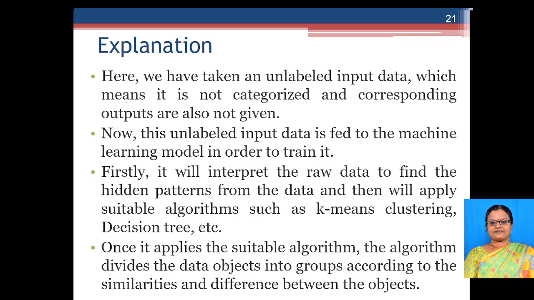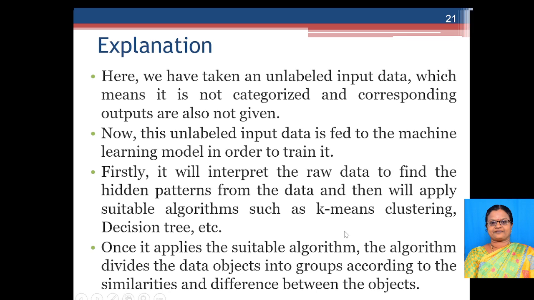So we have unlabeled input data, which means it is not categorized, and corresponding outputs are also not given. Now this unlabeled input data is fed to the machine learning model in order to train it. First it will interpret the raw data to find the hidden patterns from the data. Then we can apply algorithms like the k-means algorithm, a decision tree, etc.